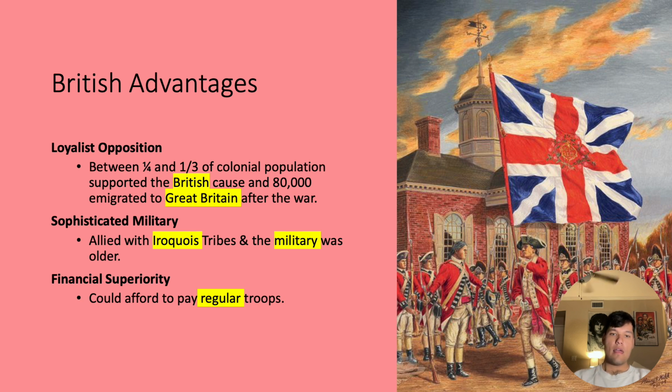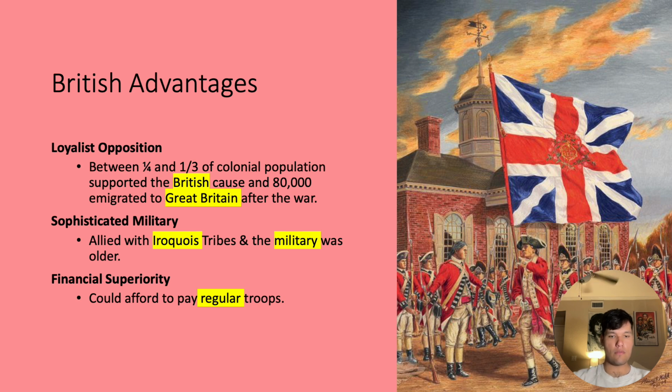And lastly, they had the financial strength to maintain regular troops and sustain a prolonged conflict. They were able to pay regular troops during this time, which was one of the biggest advantages for the British.